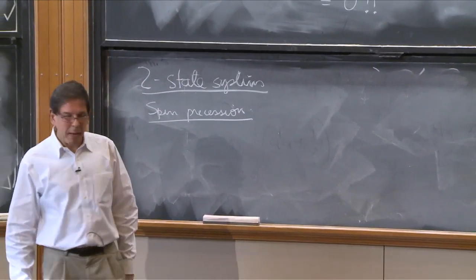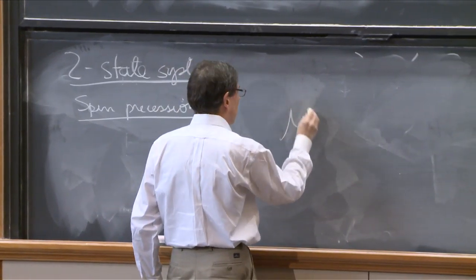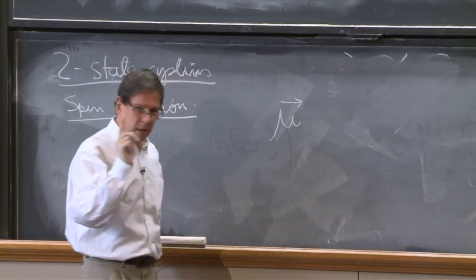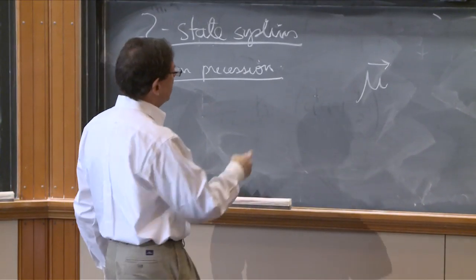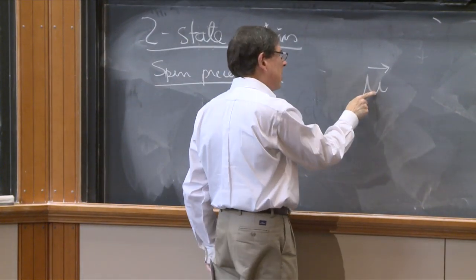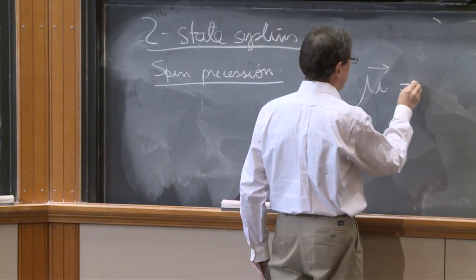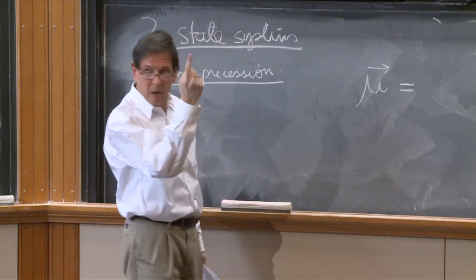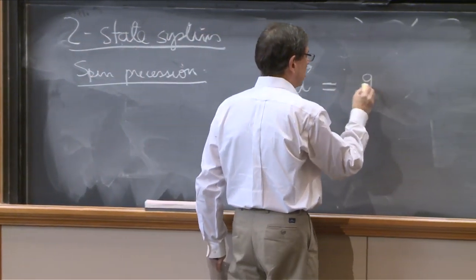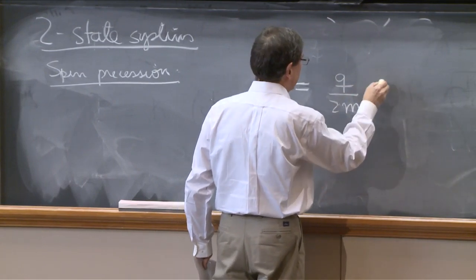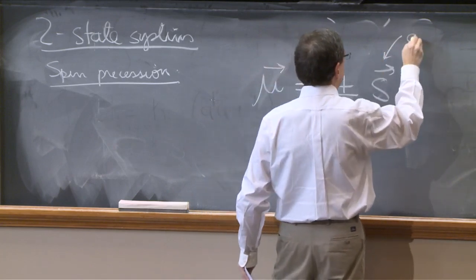The idea of spin precession arises, as you remember, because if you have a charged particle that has some spin, there's a relation between the particle's magnetic moment and the spin, or the angular momentum of that little ball of material. And we made an argument that this was just Q over 2m times the angular momentum.